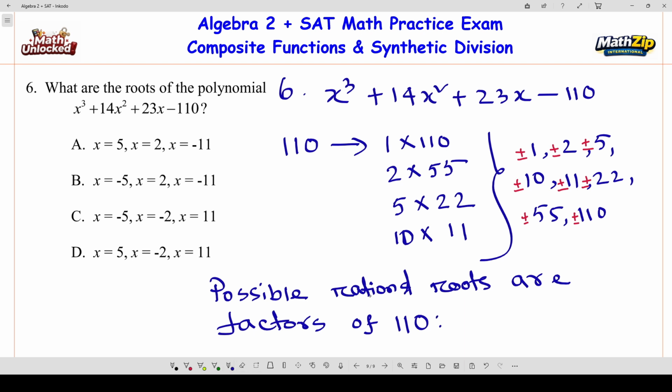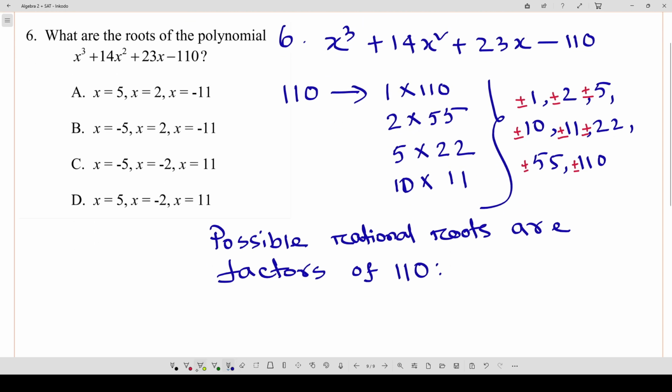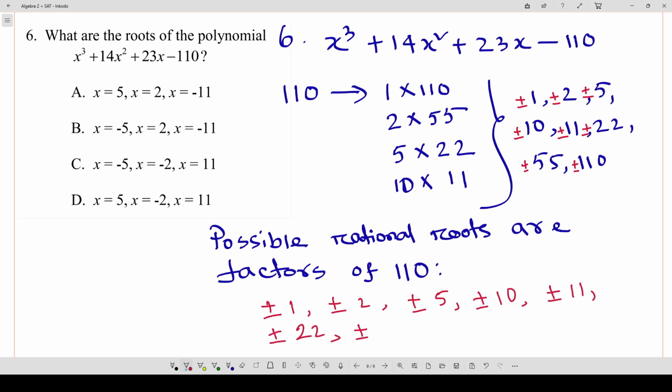So we can write plus minus 1, plus minus 2, plus minus 5, plus minus 10, plus minus 11, plus minus 22, plus minus 55, plus minus 110.